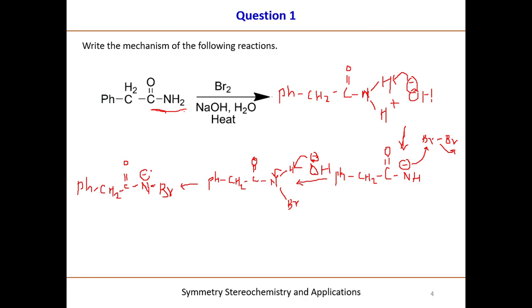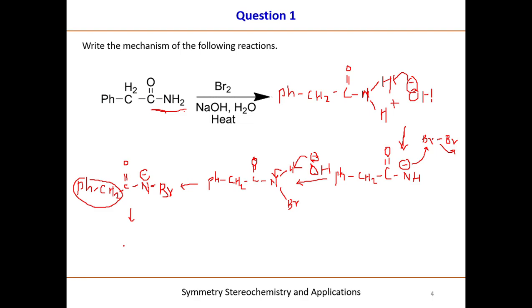So after getting this intermediate, the migration of alkyl group will take place. So what is the alkyl group here? Here phenyl and CH2, this benzylic group is our alkyl group, or aryl group, any migrating group. It will migrate onto the nitrogen atom.